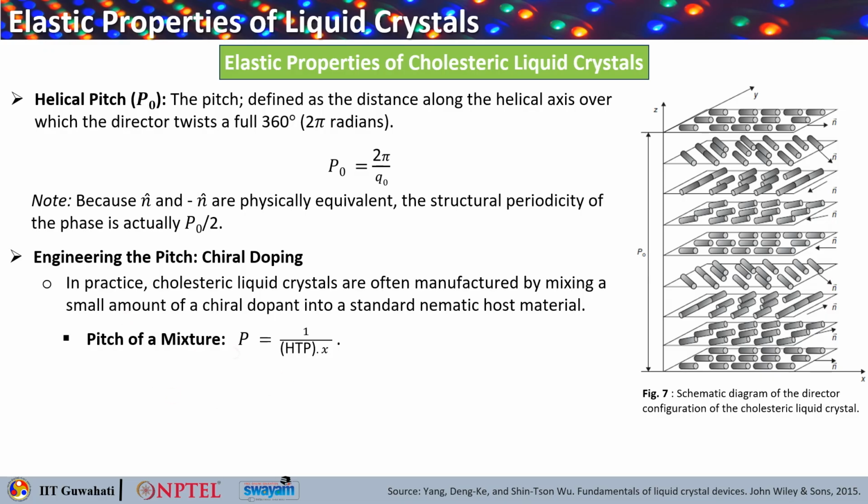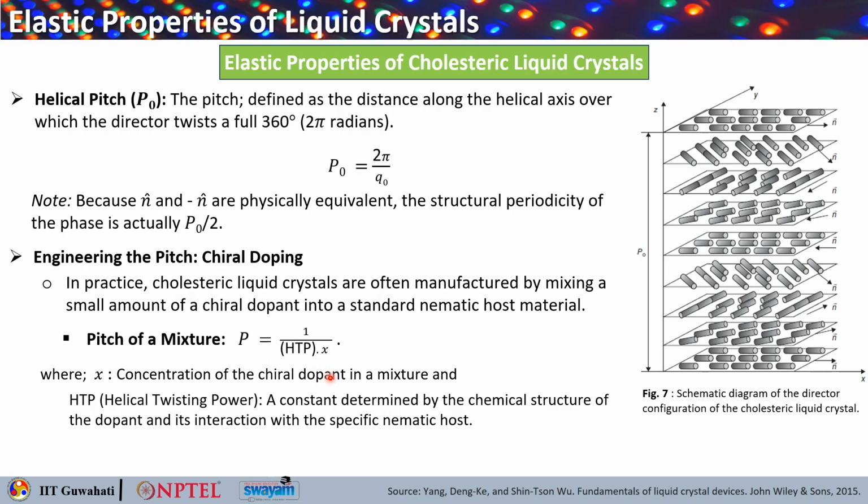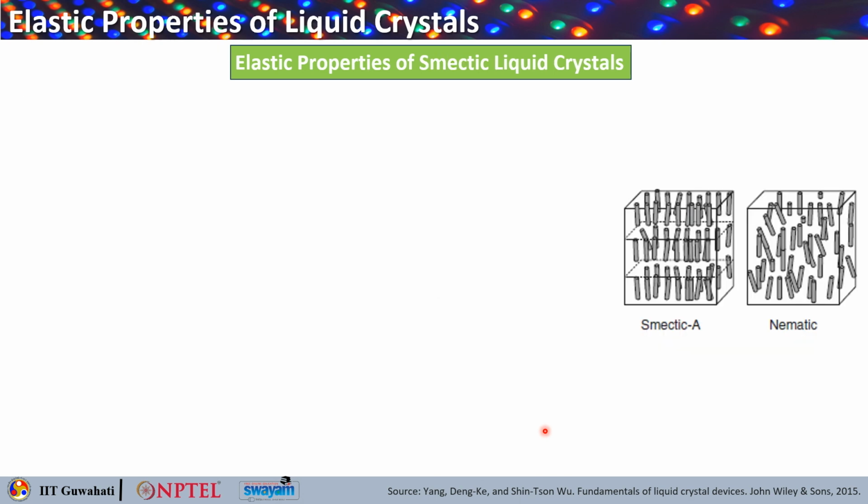So, this is how you get the pitch of a mixture: P equals 1 over HTP times X. X is basically the concentration of the chiral dopant in the mixture. And you see, this HTP is the helical twisting power. This is a constant that is determined by the chemical structure of the dopant and its interaction with the specific nematic host material.